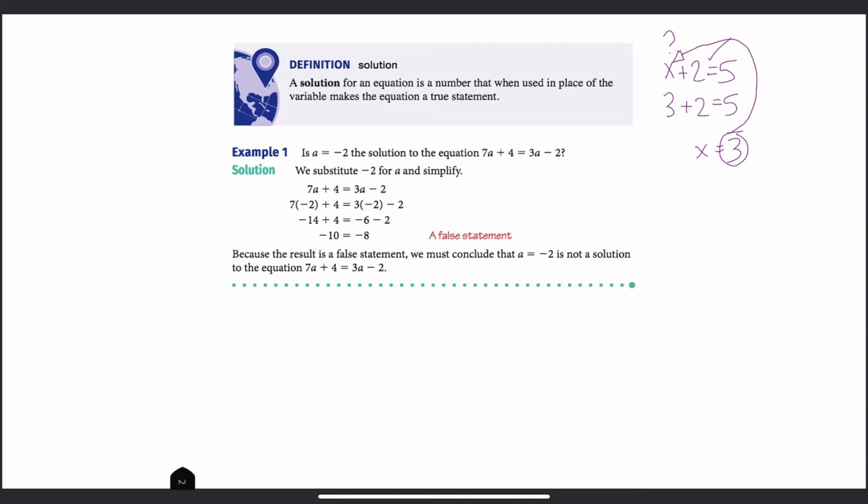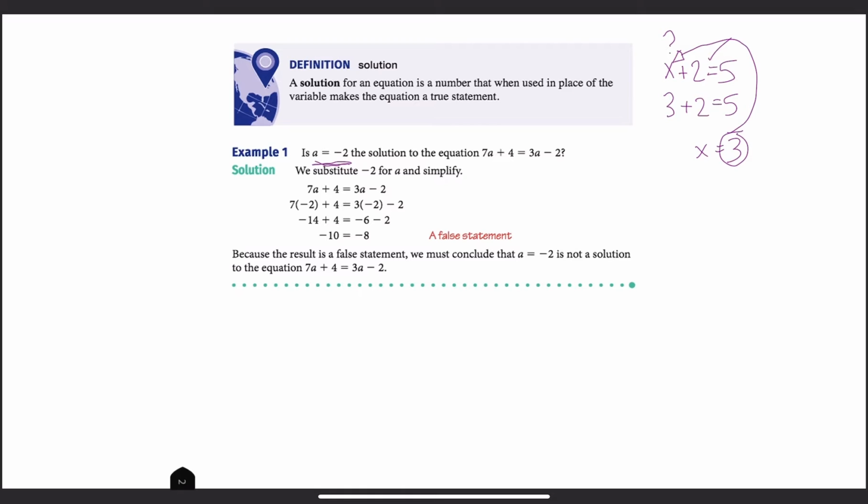So this example 1 is a little more complicated, but it's the same idea. It says, is a equals negative 2 a solution to the equation 7a plus 4 equals 3a minus 2?